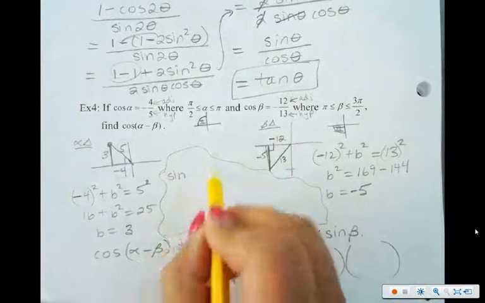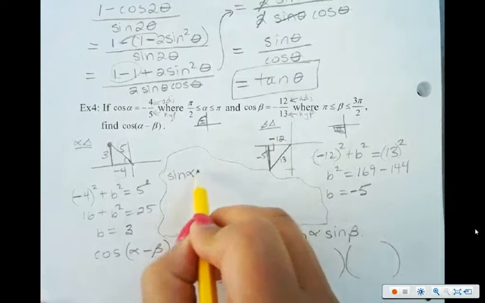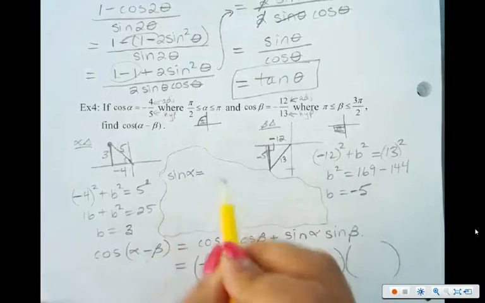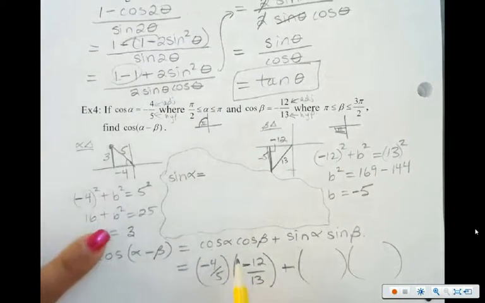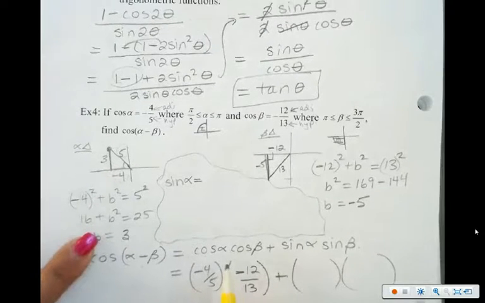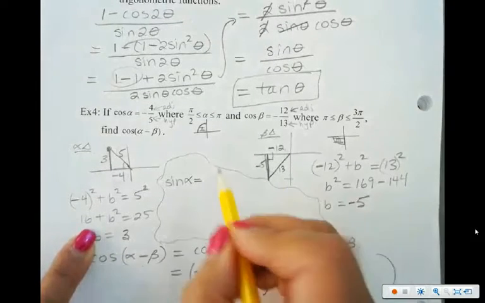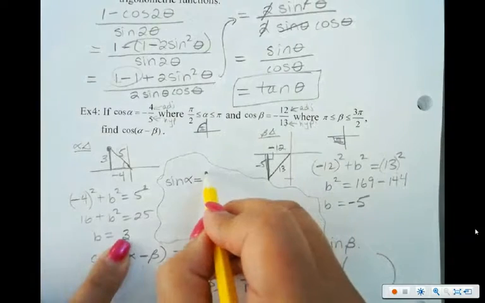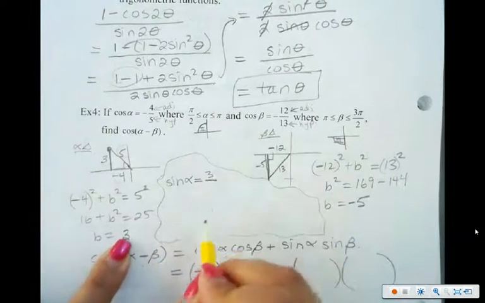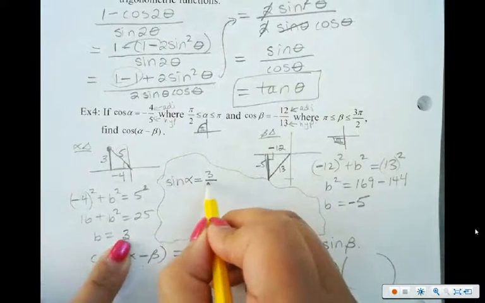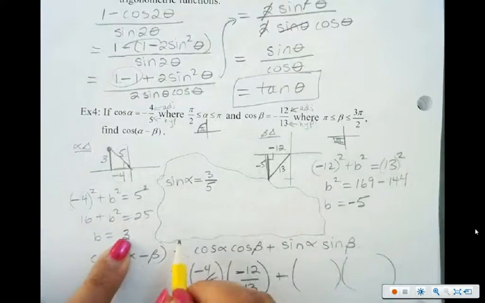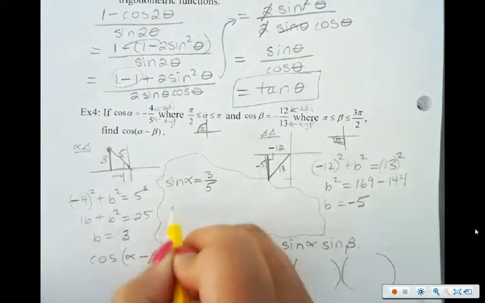I'm going to use this information here to give me sine alpha. What was my y? 3. And what about my denominator here? What was my r value? 5. Okay, and then I also need sine beta.